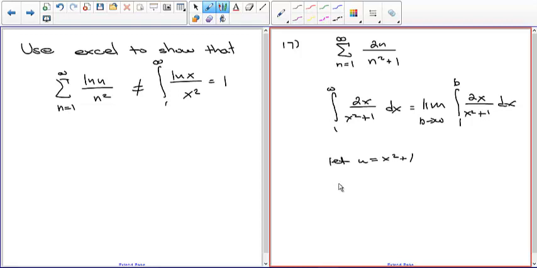So one of the questions here may be, do I need to change the limits of integration? Possibly you do, if you want to, or you can plug it back in. So I'll do it where you change the limits of integration.